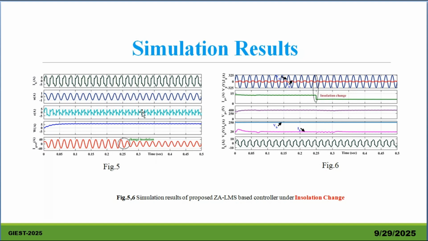Here the load current stays constant, so the same error is maintained, and the fundamental weight also stays constant. As the insolation change occurs at 0.25 second, see that VG and IG are again out of phase, and notice that the grid current is again positive, meaning the battery current is positive, that is, the battery is again discharging and feeding the grid. Also whatever power the SPV generates meets the demand of the load and is fed to the grid, that is, VG and IG are out of phase.